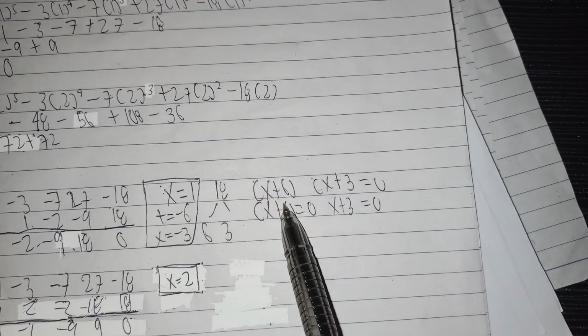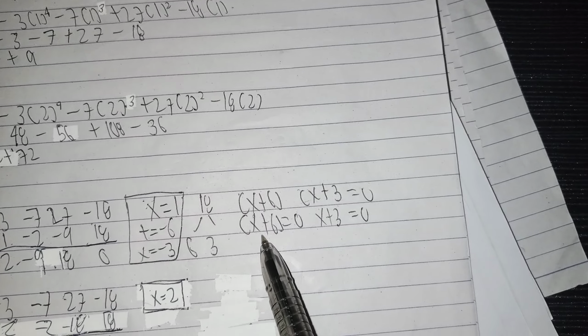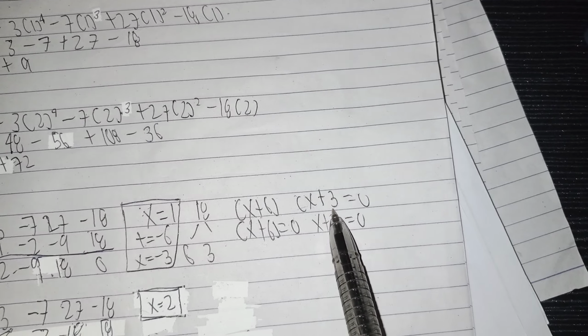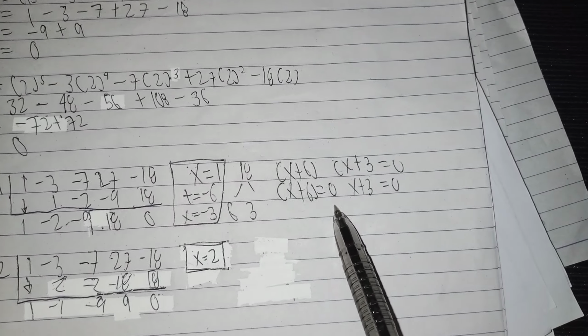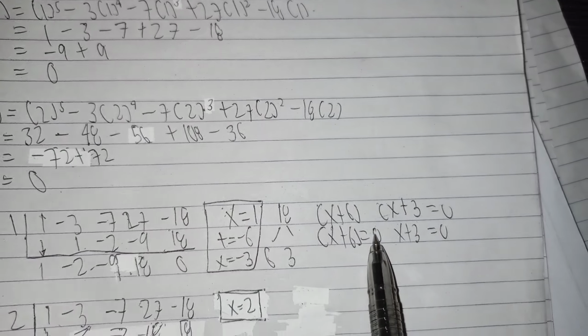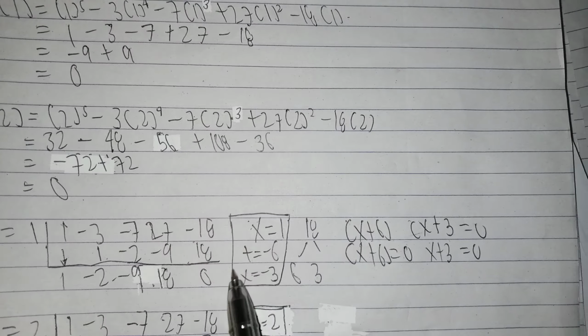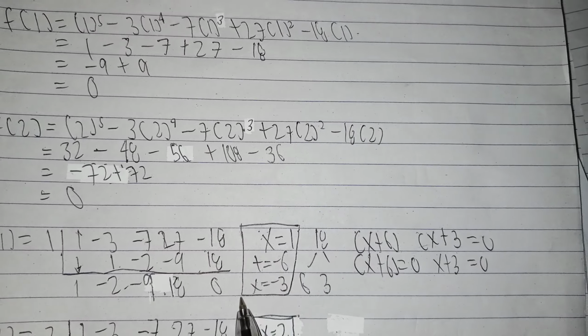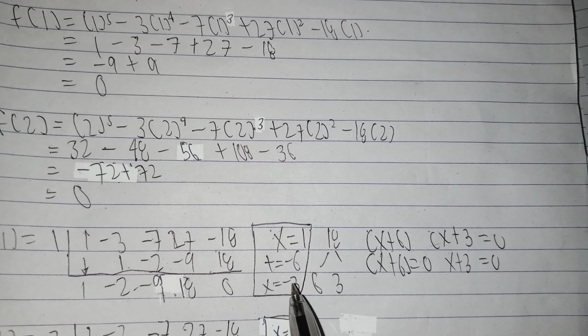So x plus 6 is equal to 0 and x plus 3 is equal to 0. So therefore, our other zeros are x equals negative 6 and x equals negative 3.